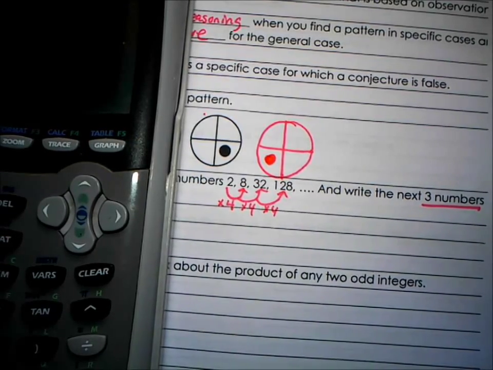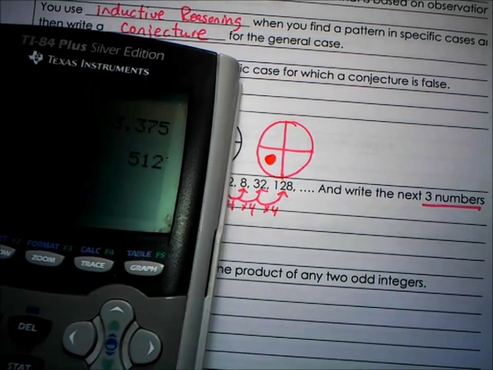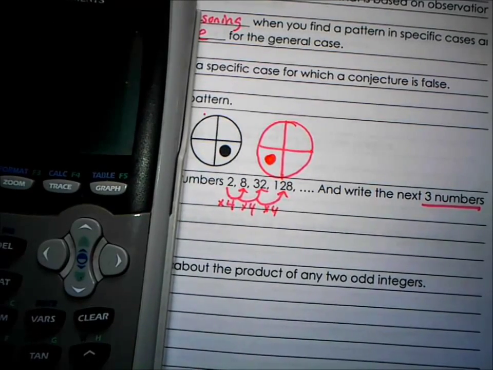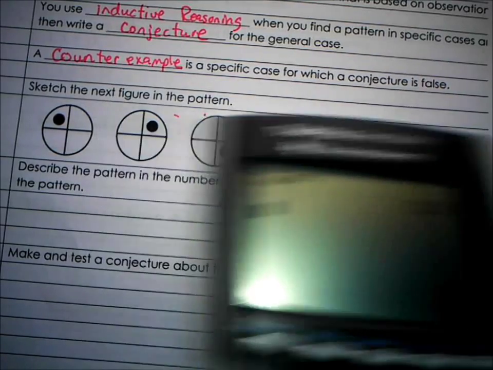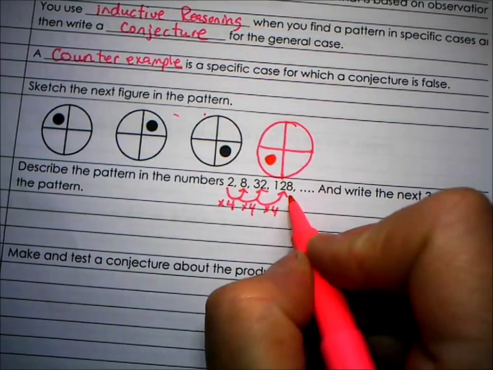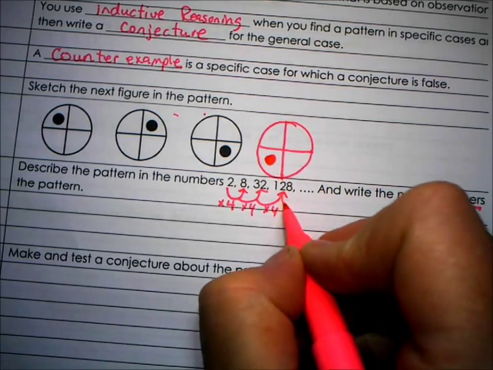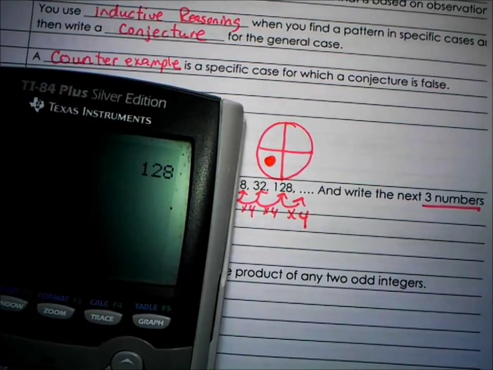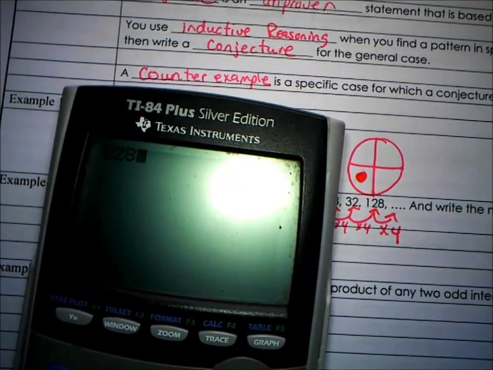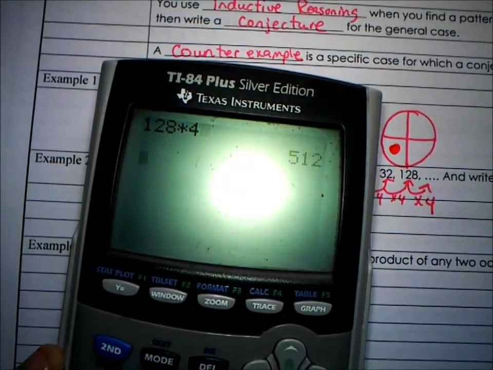If I type it in my calculator, 32 times 4 comes out to 128. So this was successful. To get to my next number, I'm going to take the 128 and multiply it times 4, and I see that it is 512.